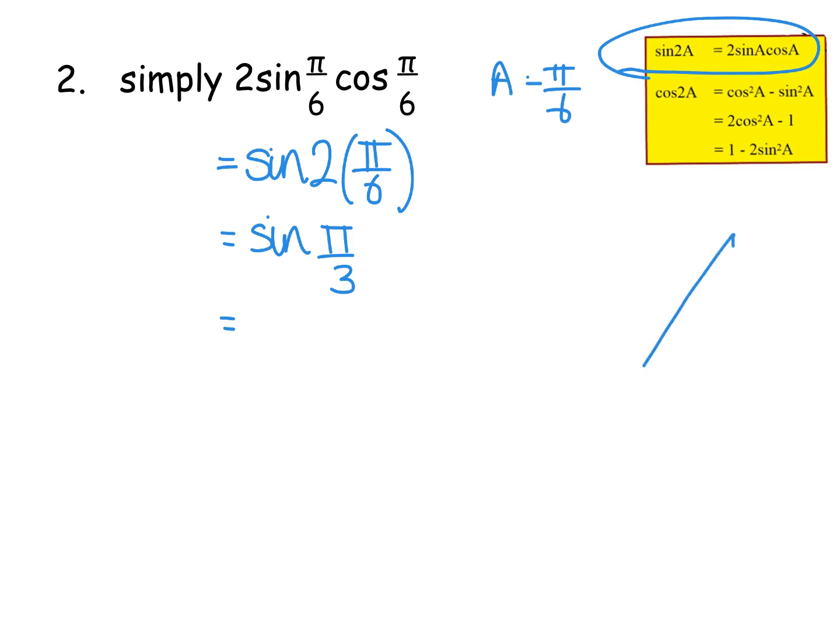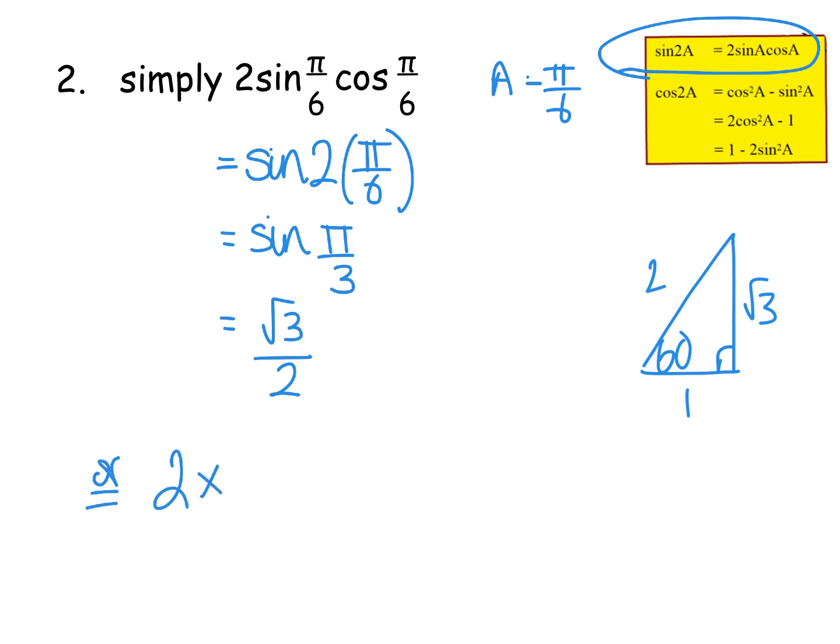And sine of 60, using your exact values, maybe you know them off by heart, maybe you need to use a triangle. The triangle we use is this one. So sine of 60 would be opposite over hypotenuse, so that would just be root 3 over 2. But I did say I was going to prove it the other way. The other way, just to prove it gives you the same, would be 2 times sine of 30, which is 1/2, using the other bit of the triangle, and cos of 30 would be root 3 over 2.